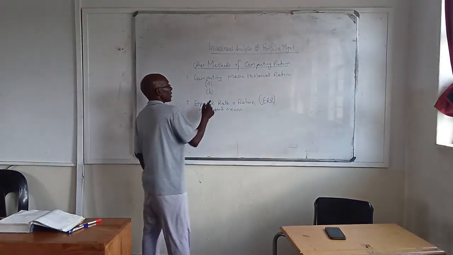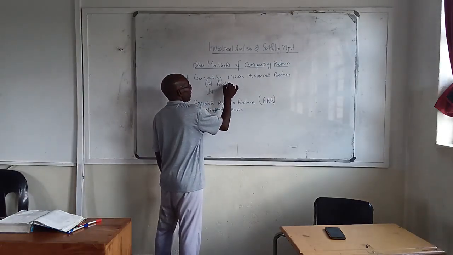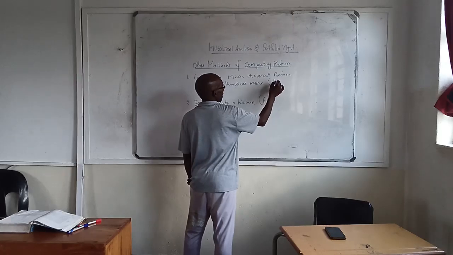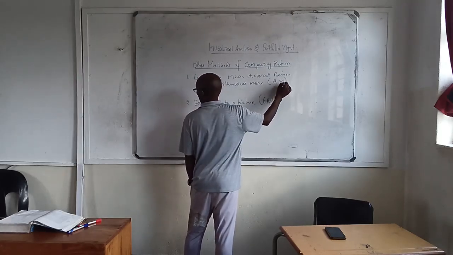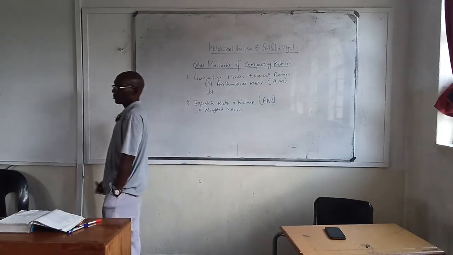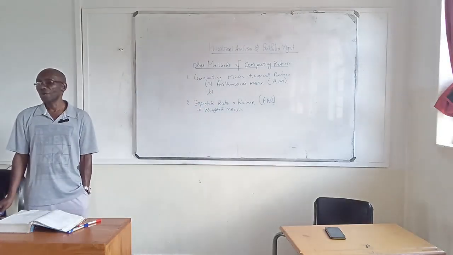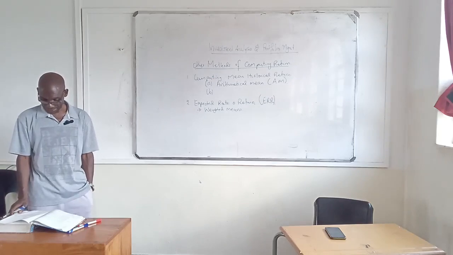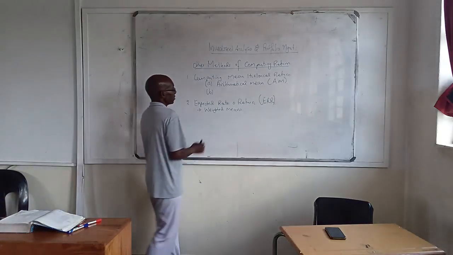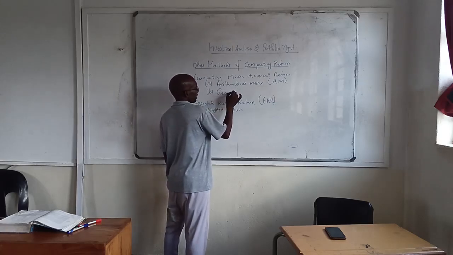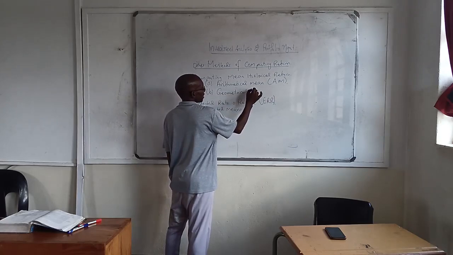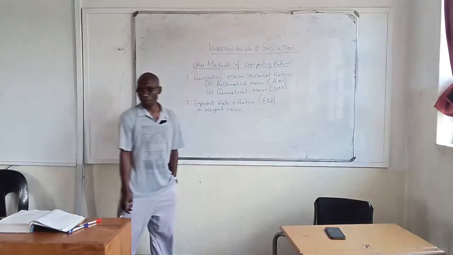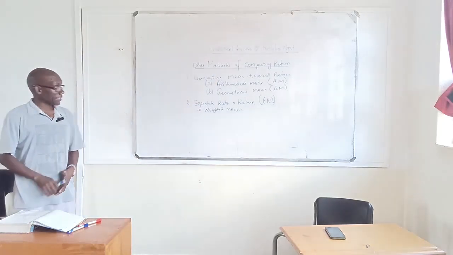We use what is called the arithmetical mean, which is called AM, and the second one is the geometrical mean, which is known as GM.